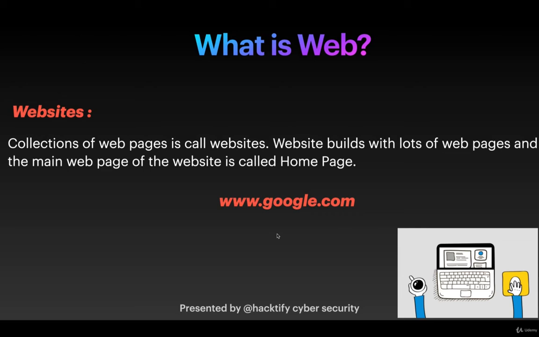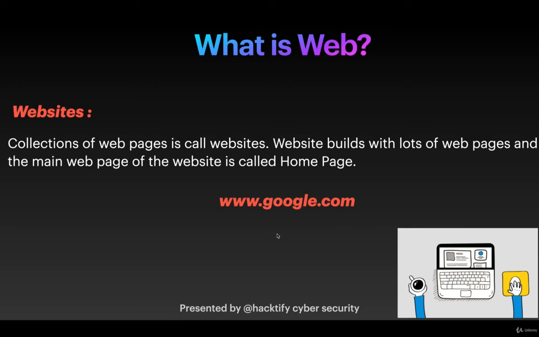Now, how do you build a website or a web page? Three main important things required to build a website or a web page are HTML, CSS, and JavaScript. HTML is a markup language. It means you can provide the structure of your web pages with the help of HTML tags.